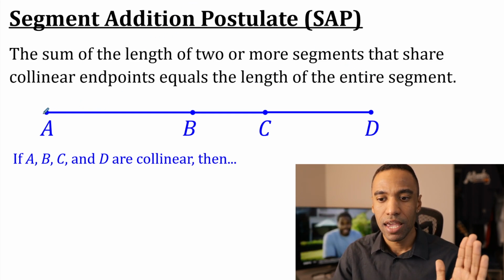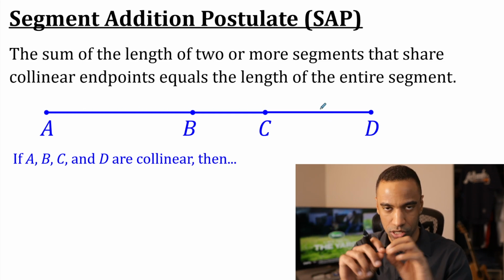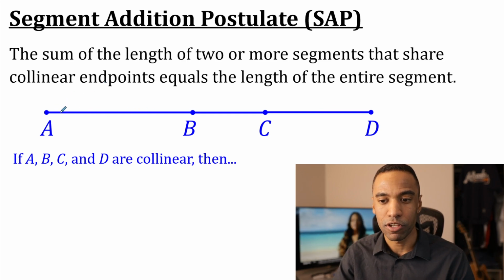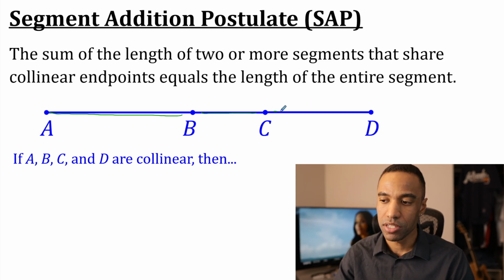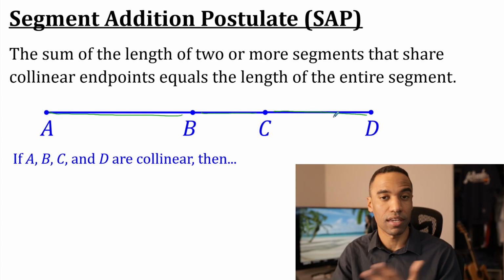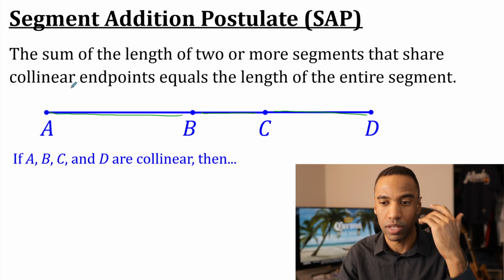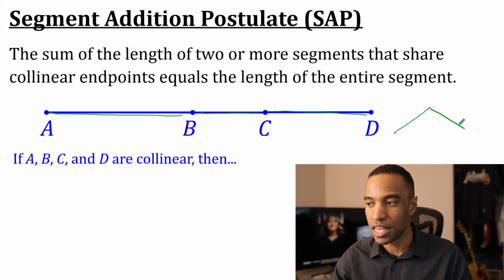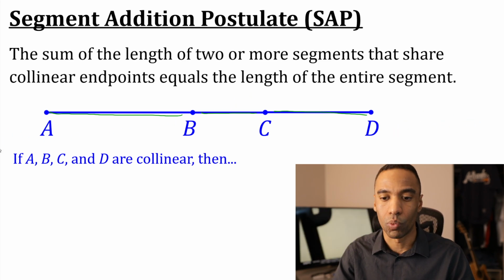All that means is if this whole segment here, AD, is kind of a straight line, and I say line just as a straight idea, not that it goes on forever, then I can add individual lengths of this, like the length of AB plus the length of BC plus the length of CD equals the length of the entire thing, all because they all go across a straight line. That's what collinear means here. They all fall on the same line. If it bent like this, for example, no, this length plus this length does not equal, say, that length right there. But because they fall on the same line, we do that.